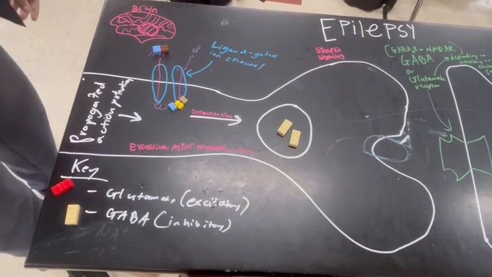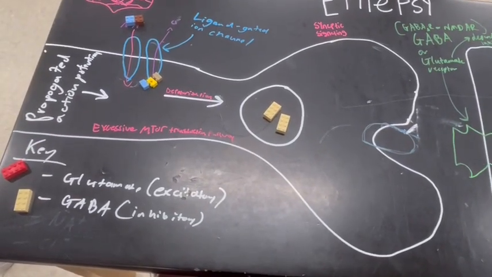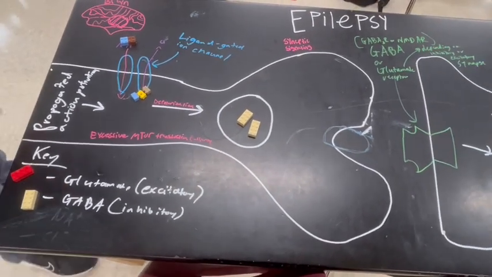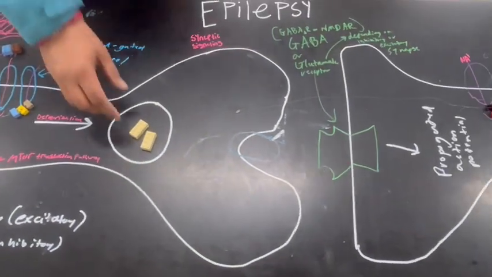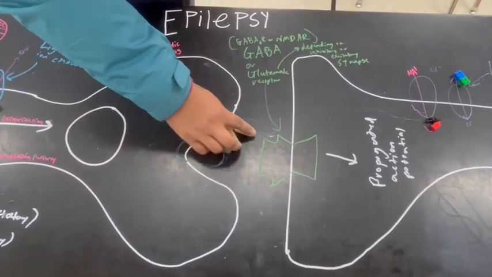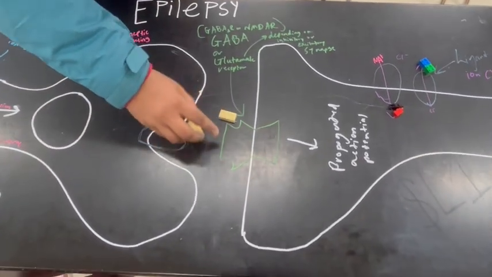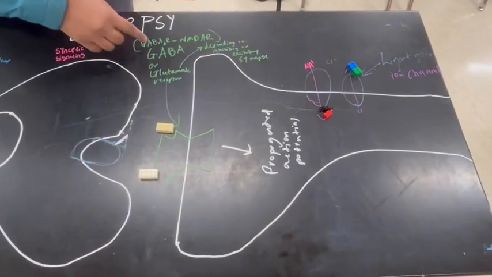And this also causes depolarization down the excessive mTOR transduction pathway and causes GABA, which is the inhibitory neurotransmitter, to go down the cell and synaptically signal the G protein coupled receptor called GABAR.